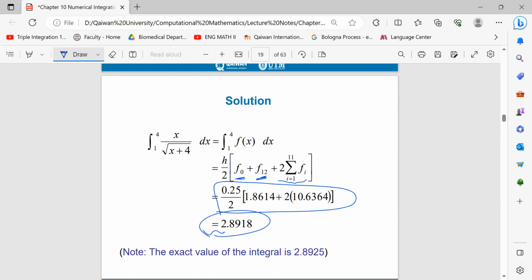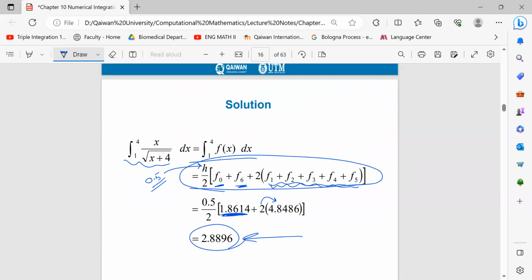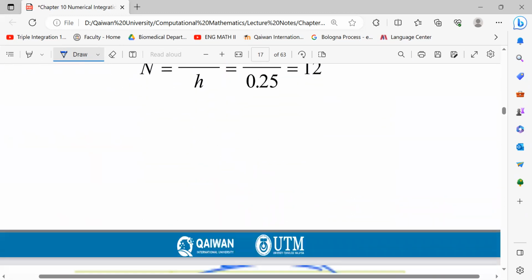This is the evaluation of the integration if we have 12 equally spaced subintervals, so h is 0.25. But the above one is when h is 0.5, the same procedure, only h is changed.